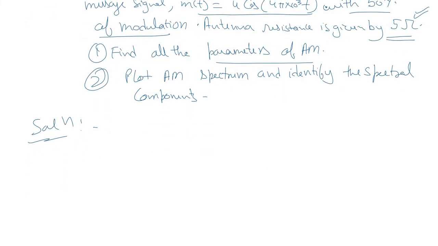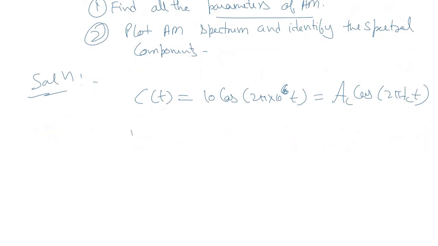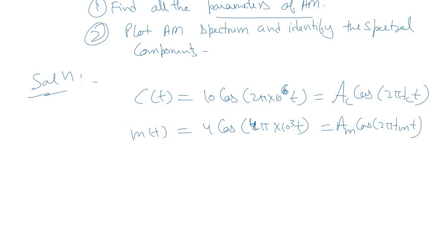So the available information with us is the carrier signal, that is 10 cos 2 pi into 10 to the power 6 into t, and the standard expression is Ac cos 2 pi fc t, right? So it will help us find the important parameters from this. Similarly, the message signal m(t) given in the question is 4 cos 4 pi into 10 to the power 3 t, that is equal to Am cos 2 pi fm t, isn't it?